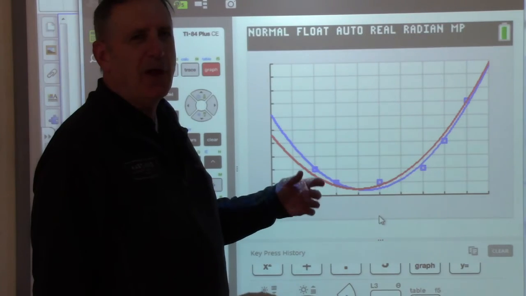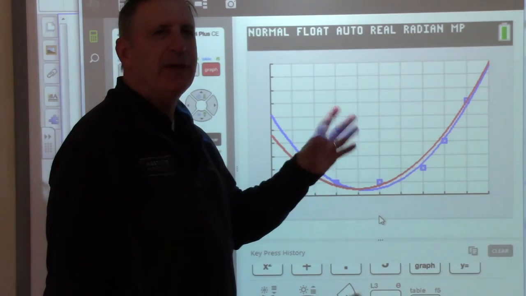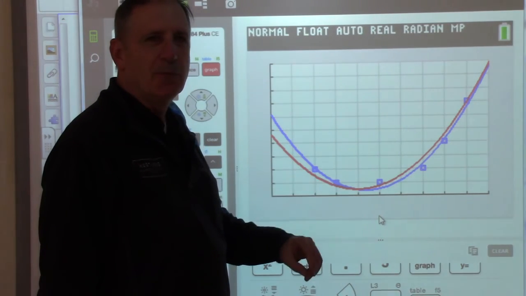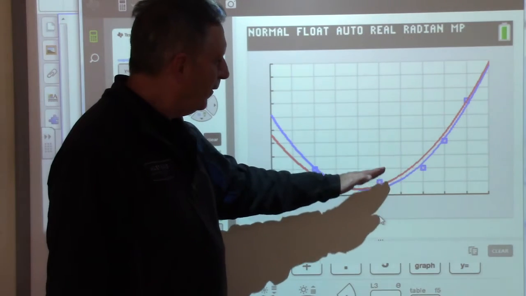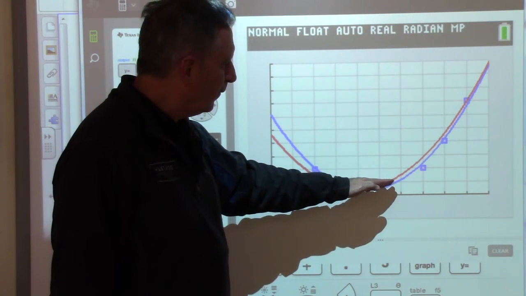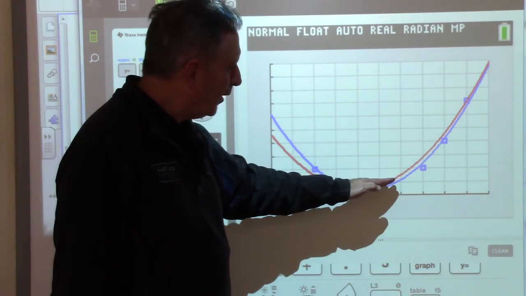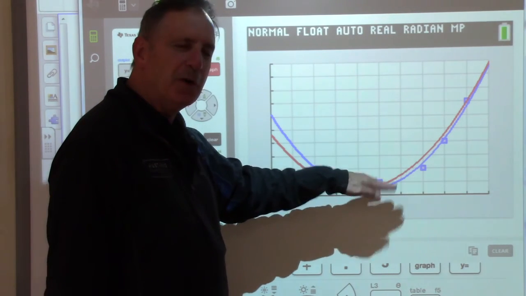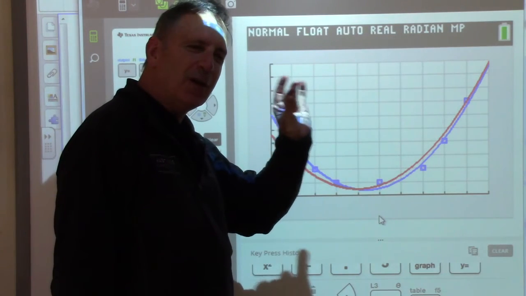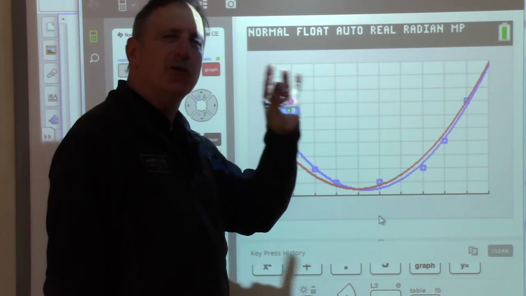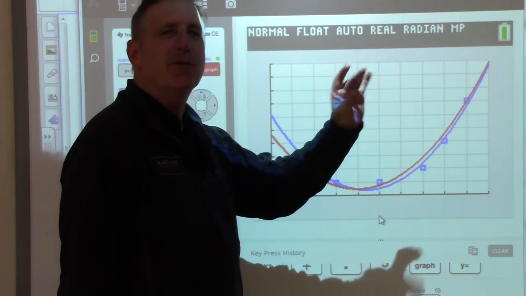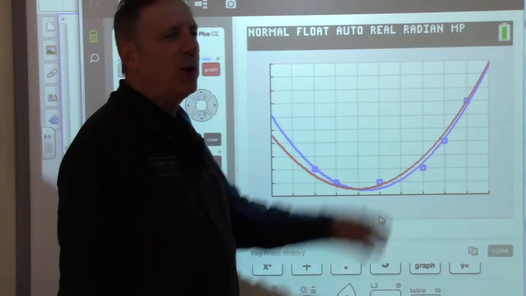The blue one is found by using what they call the least squares method. They find the curve that would create the least amount of mathematically determined variance by squares. It's called the least squares method.